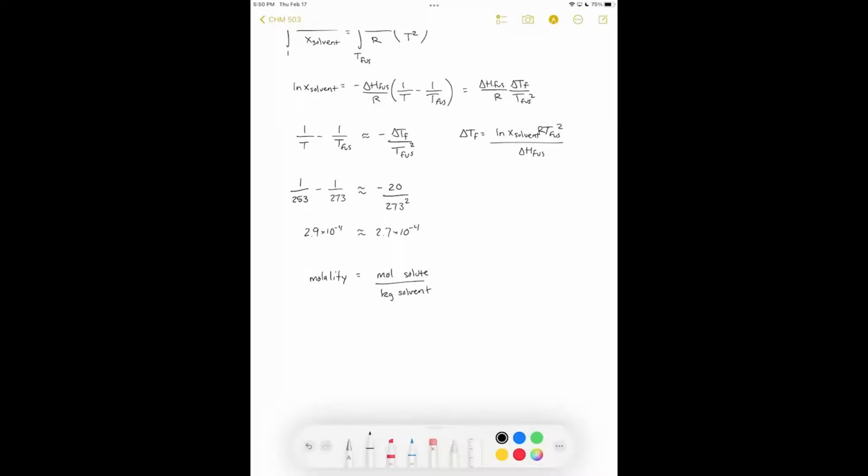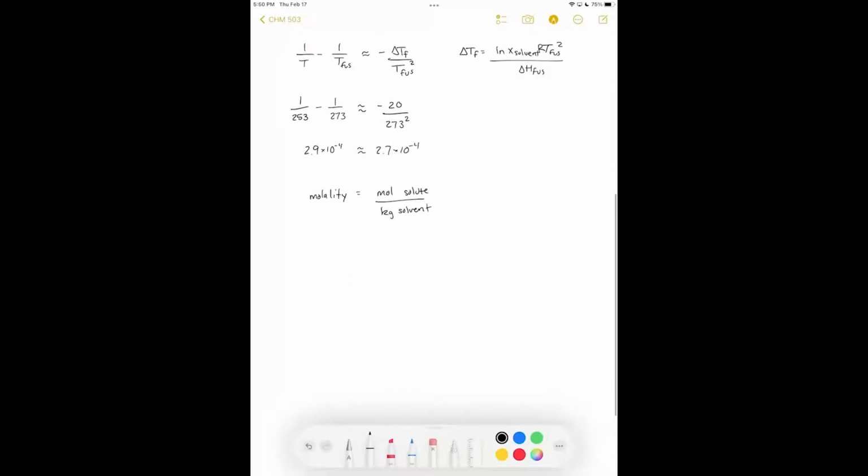And this is a more useful unit of concentration than the mole fraction. So we can express the mole fraction in terms of the molality of the solute, and we can do that as follows. So the natural log of the mole fraction of the solvent is going to be equal to the natural log of the number of moles of solvent divided by the number of moles of solvent plus the number of moles of solute.